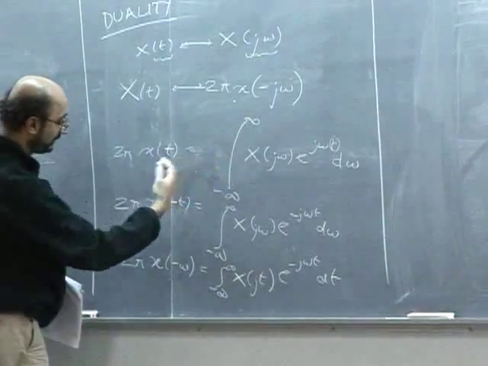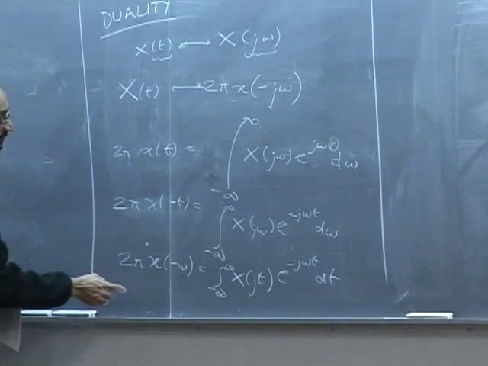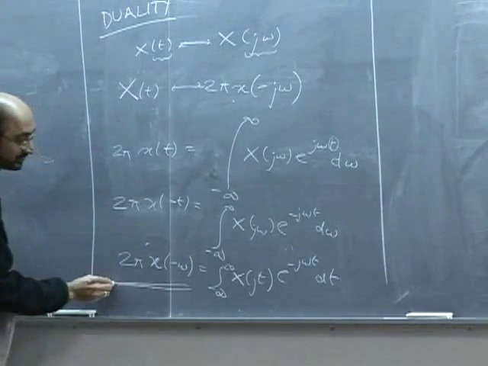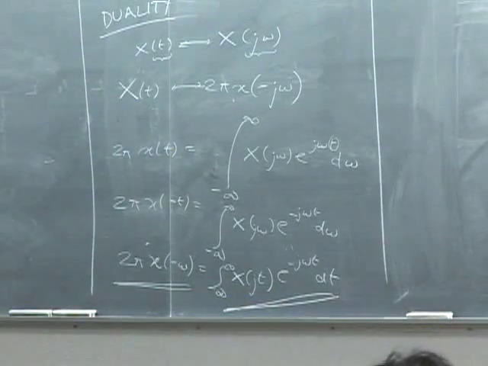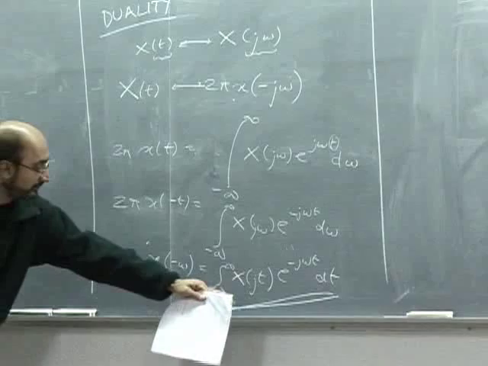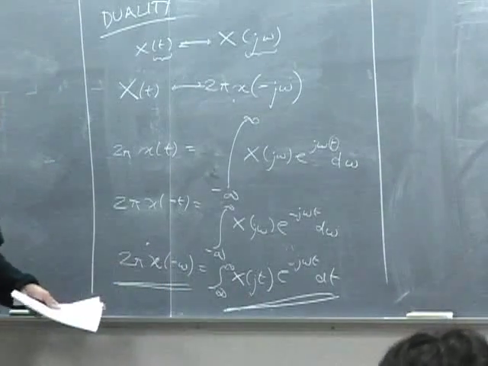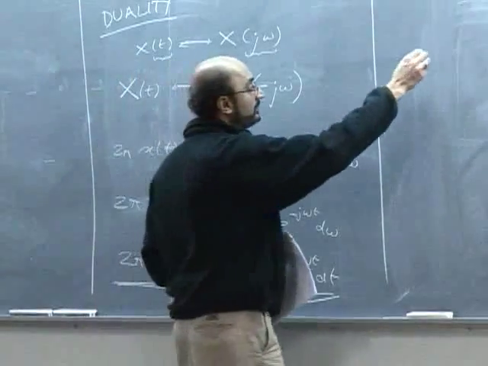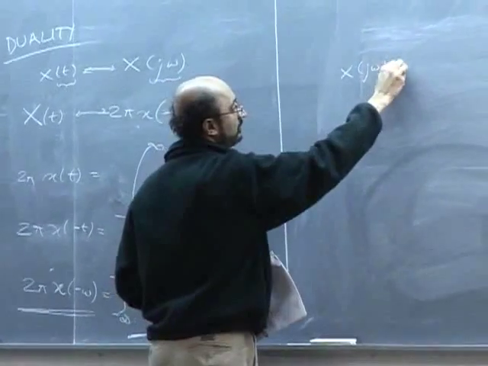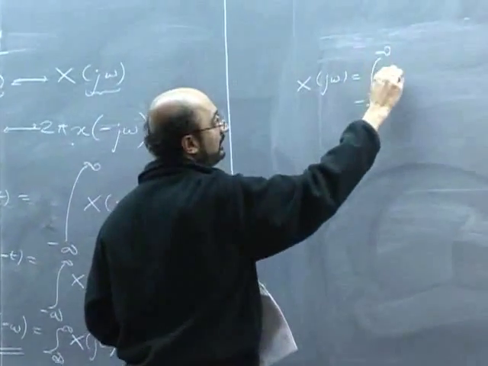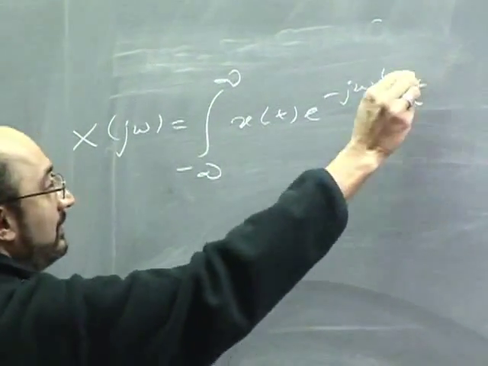And so if I flip this around, basically I have this in the frequency domain, and this corresponds to what's in the time domain over here. Because this is the Fourier transform of a capital X of jt, by definition of the Fourier transform: X of j omega equals the integral from minus infinity to infinity of x of t e to the minus j omega t dt.